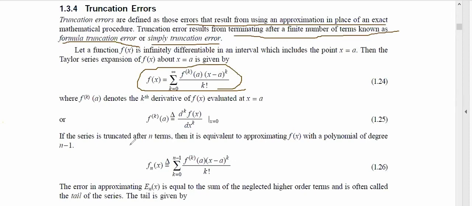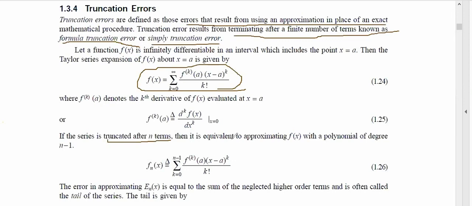If the series is truncated after n terms, I already introduced this concept, if you remember. How many terms does this expansion have? Infinite number of terms. So we are going to truncate after n terms. n terms means n may be 2 terms, 3 terms, or 4.